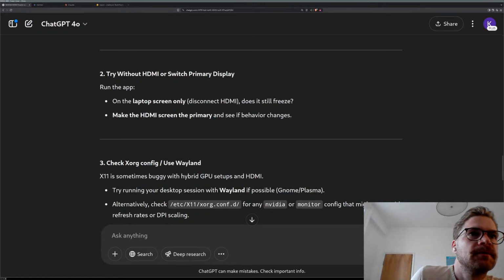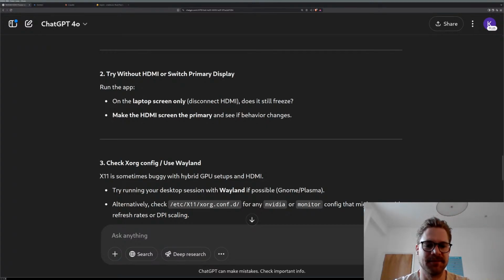Might need to do some debugging here. I don't even know if my Arch Linux is gonna pick up the DisplayPort automatically.